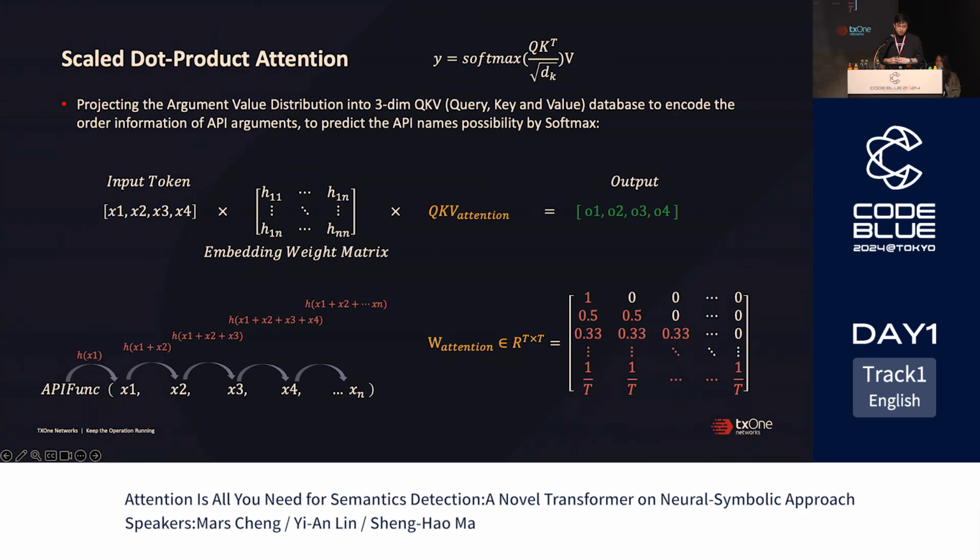It can relate the data more accurately, and the semantics are projected into the three-dimensional matrix of Q, K, and V, query, key, and value, which can effectively predict the likelihood of each unknown API. This approach allows us to comprehensively analyze the contextual and positional information, leading to more accurate identification of unknown APIs.